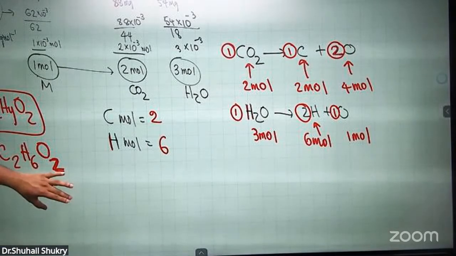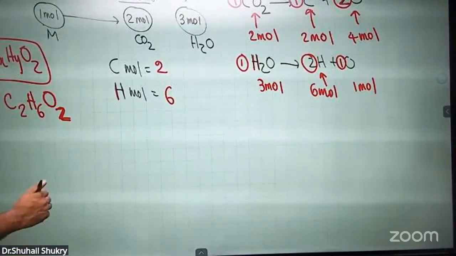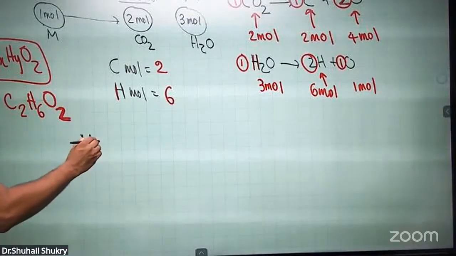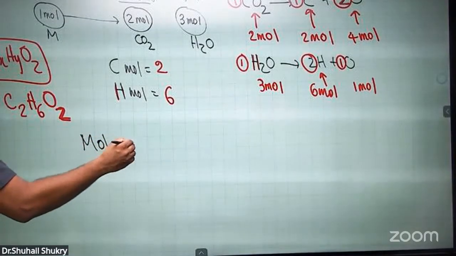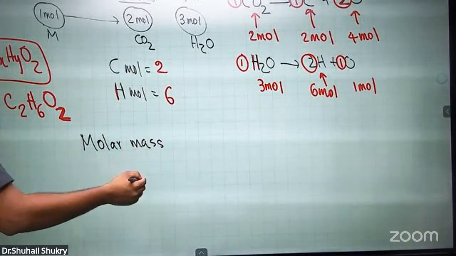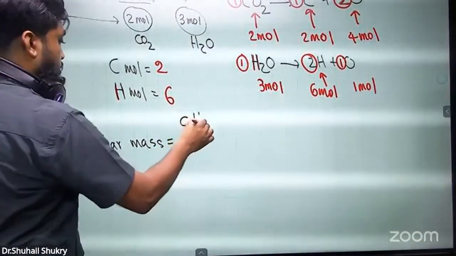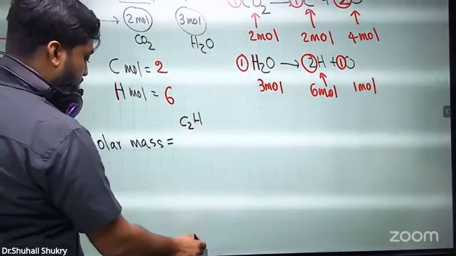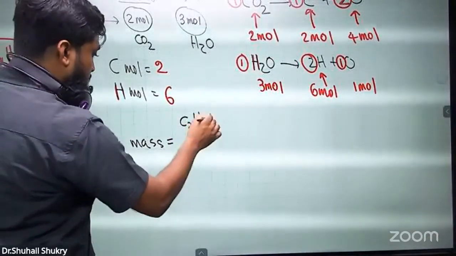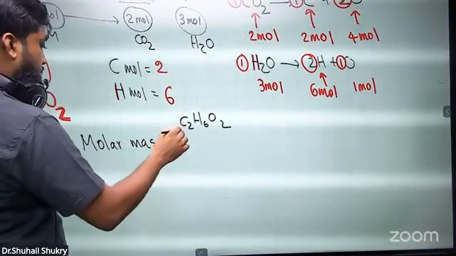So for this purpose, I'm going to find the molar mass of C2H6OZ. The molar mass is equal to C2H6OZ. Carbon 12 into 2.